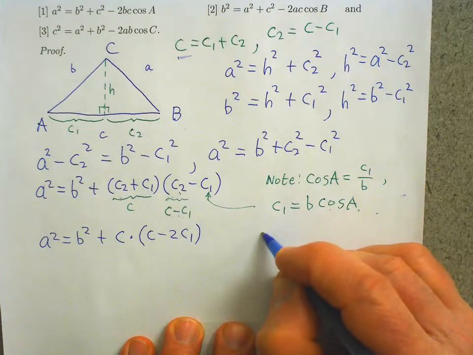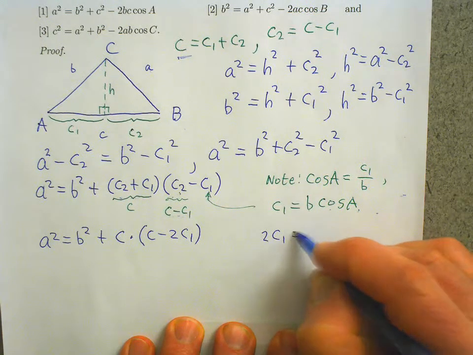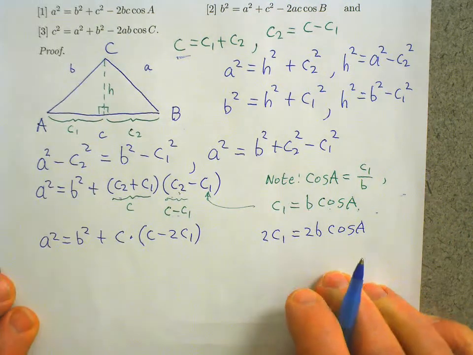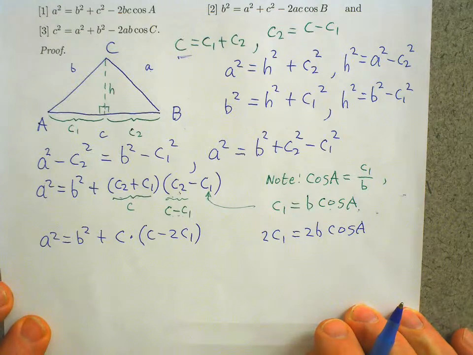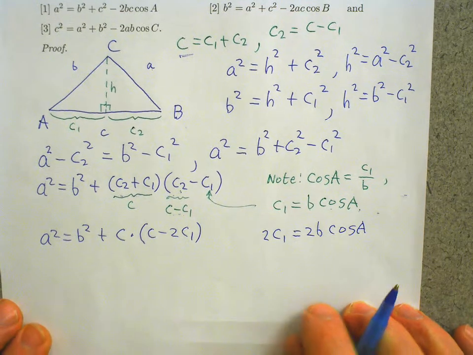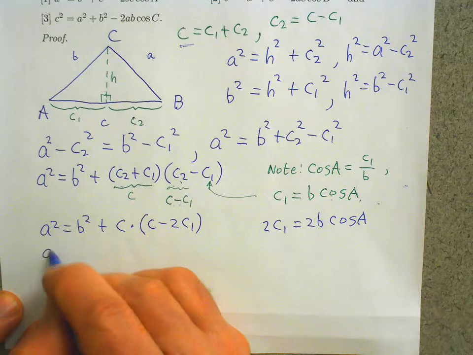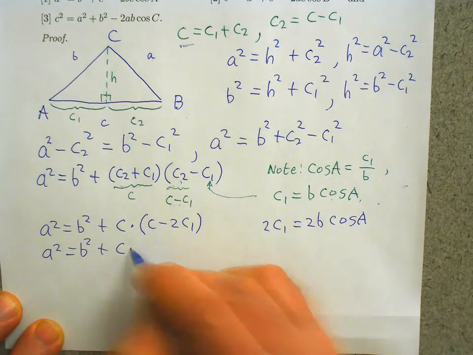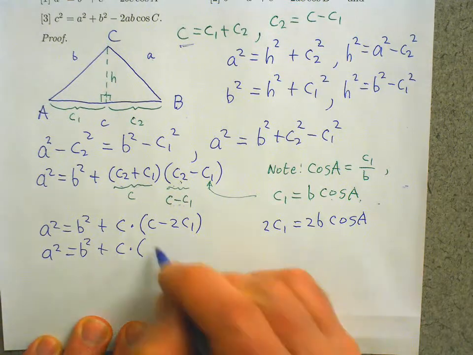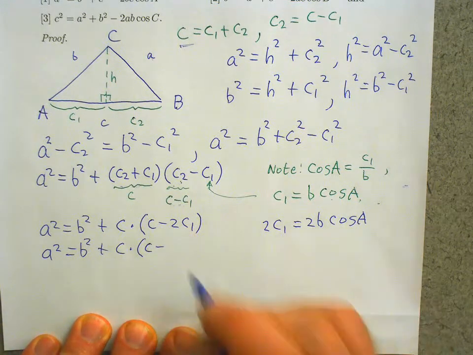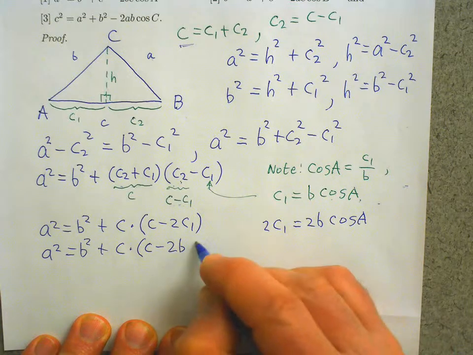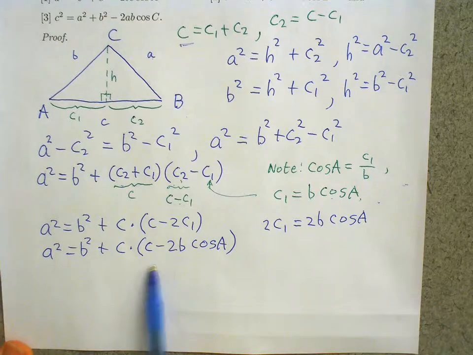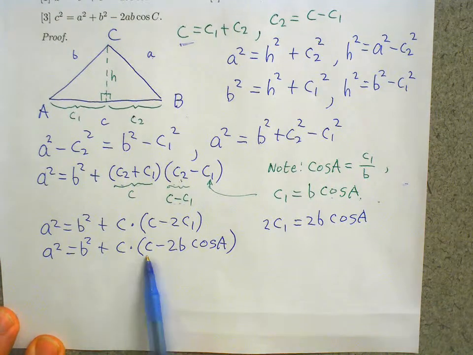But 2c1 is 2b cosine of A. Okay, so we get a squared equals b squared plus c times c minus 2b cosine of A. And then lastly, we will distribute multiplication by c.